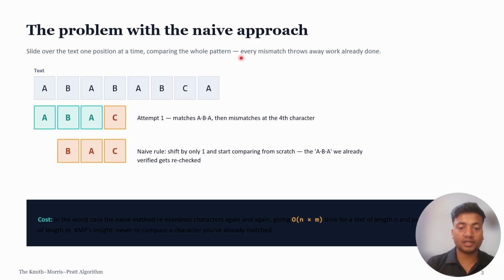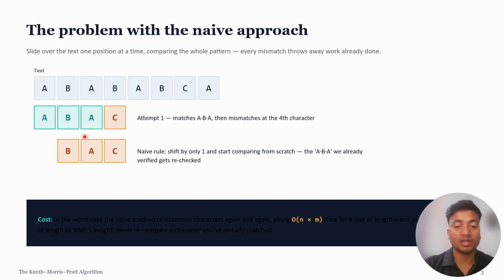So let us first understand the problem. Suppose we have a long text and we want to find a small pattern inside it. The naive algorithm compares each character one by one. If a mismatch occurs after several characters have matched, it starts again from the next position.